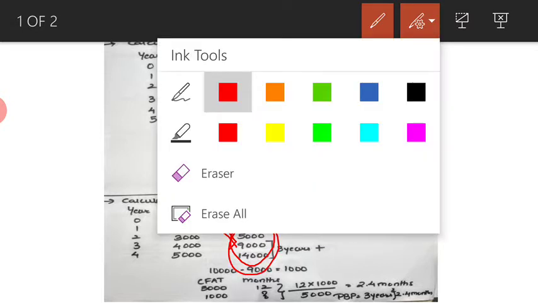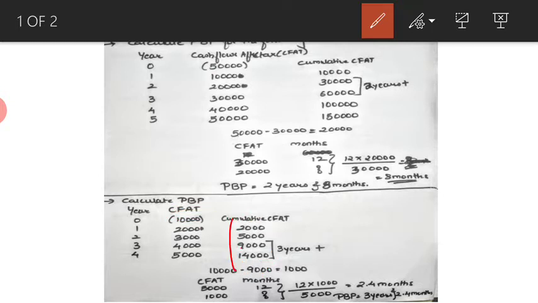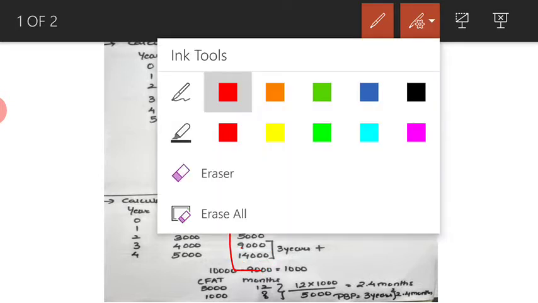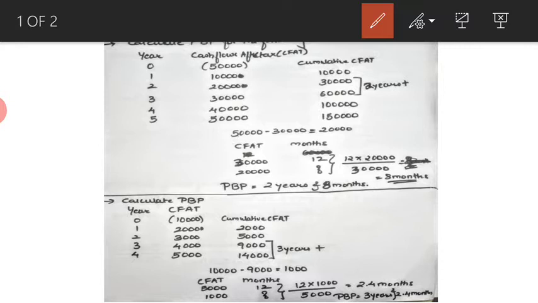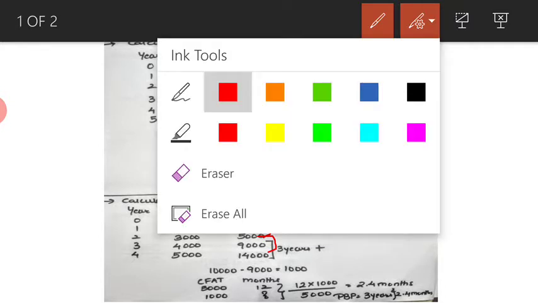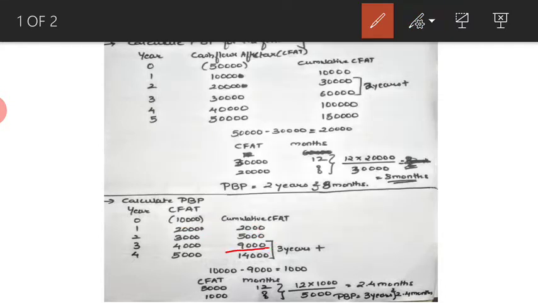We cannot find the 10,000 value in this cumulative cash flows. So again, your answer would be a fraction. But first, try to find out where this 10,000 lies. Does it lie between these two? No. Between these two? No. Then it lies between 9,000 and 14,000.